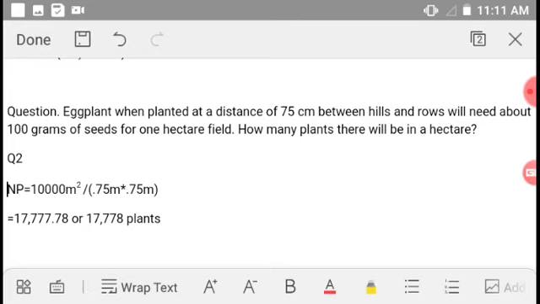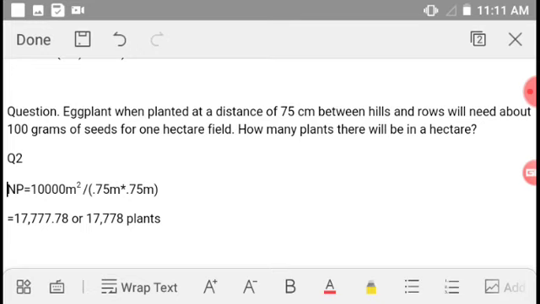Isang distance lang yung binigay sa atin. So, yung formula natin is area divided by S squared. So, the distance multiplied by itself. So, 75 cm times 75 cm. Yun yung S squared. Tapos yung area natin is 1 hectare, kaya yung equivalent niya is 10,000 meters squared.